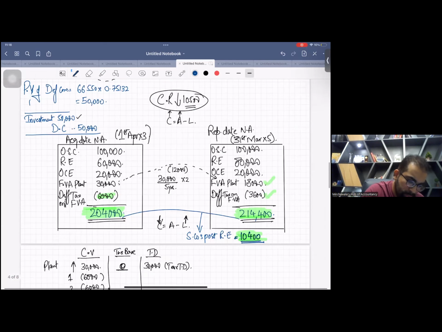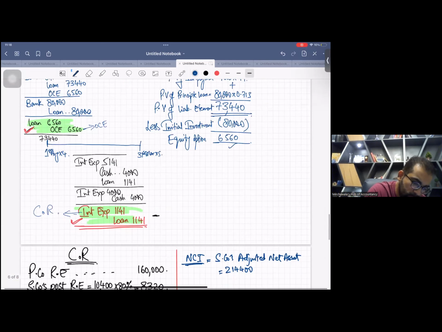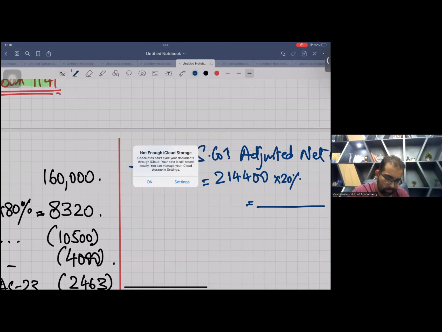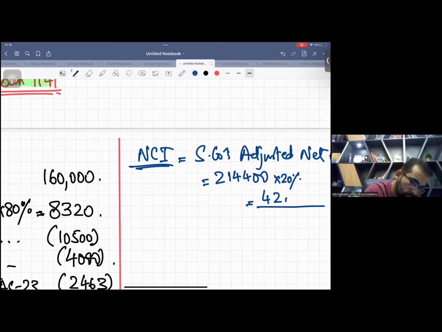Yes. Multiply by obviously 20% because that is our holding. It's 42880, please.